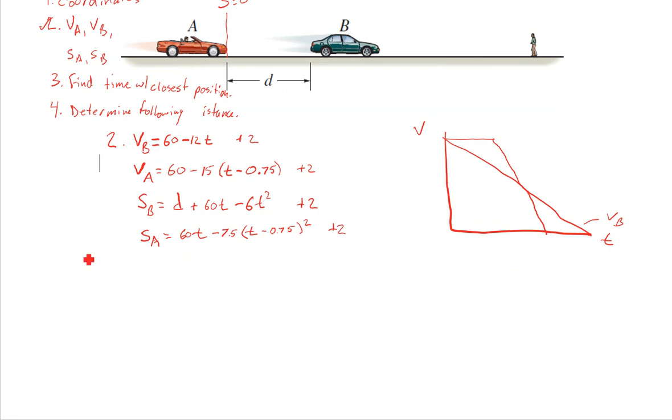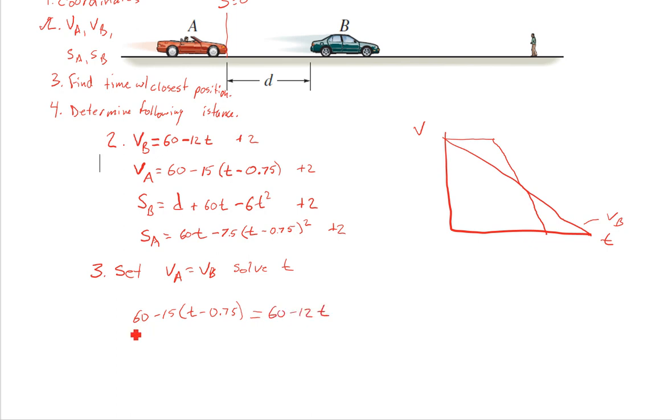So step 3, set VA equal to VB, solve for time. So we have 60 minus 15 times t minus 0.75. Some of you may have carried that through and had minus 15t plus some amount. That would have been fine as well. Equals 60 minus 12t.